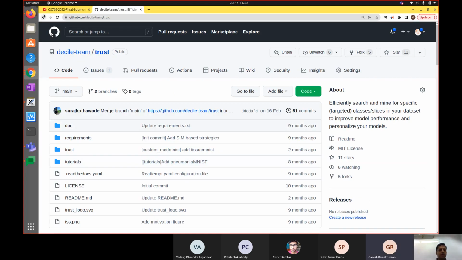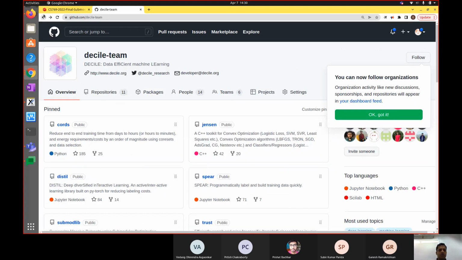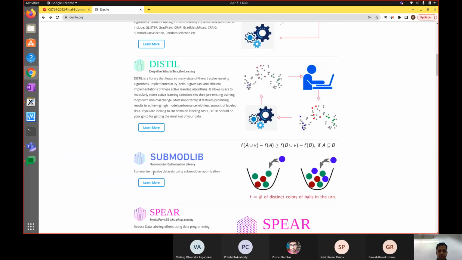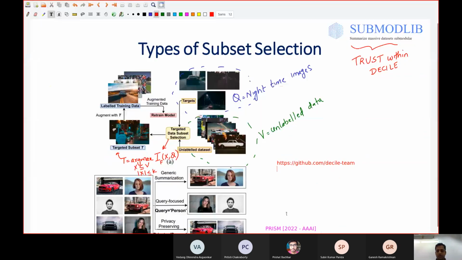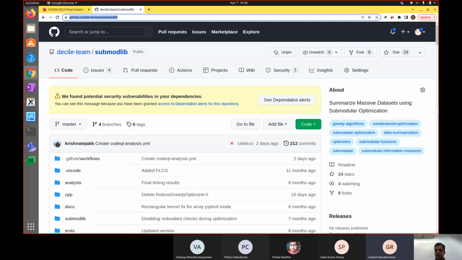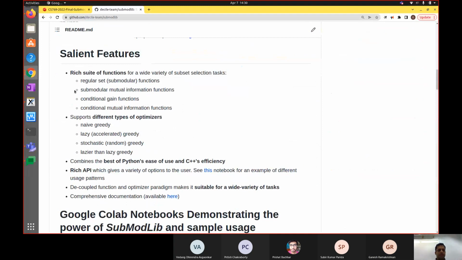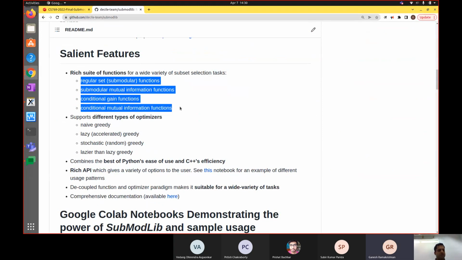Here's Submodlib, and we'll be going over the algorithms here. It has a rich suite of functions: set functions, submodular, mutual information, all that.